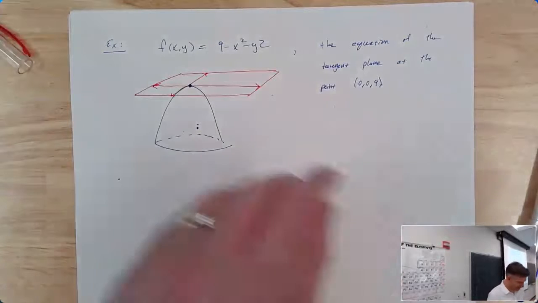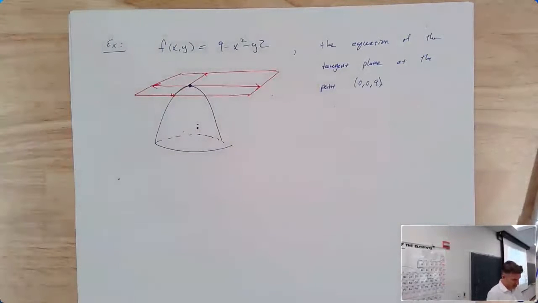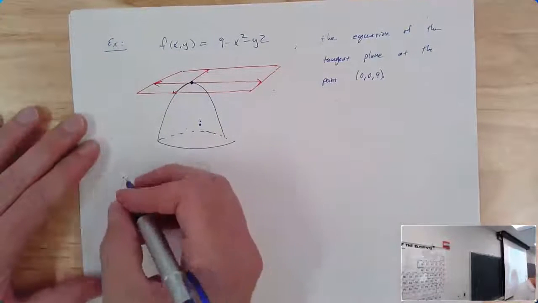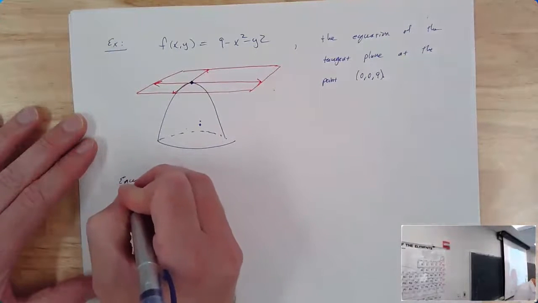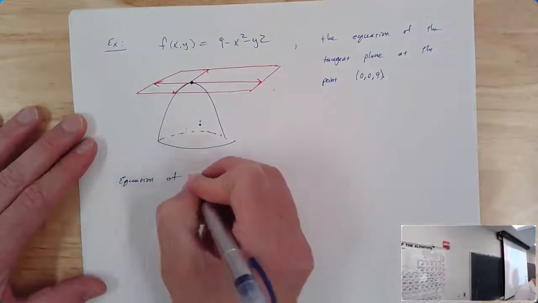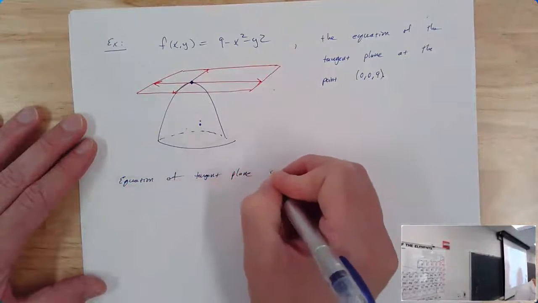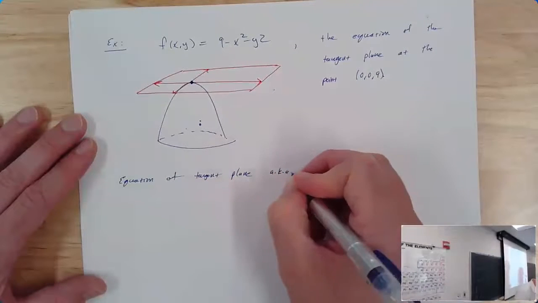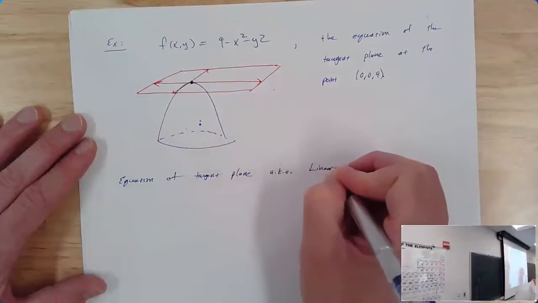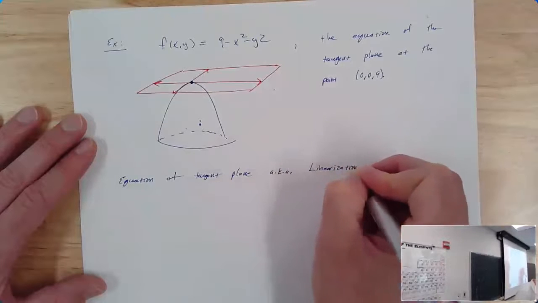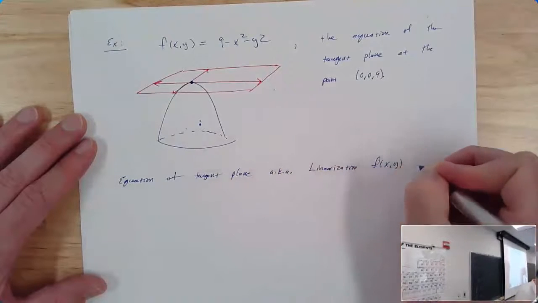That's nice when it's easy, but how do we actually find the equation of the tangent plane in general, also known as the linearization of your function at a point?